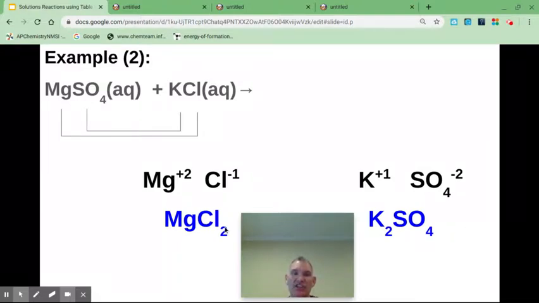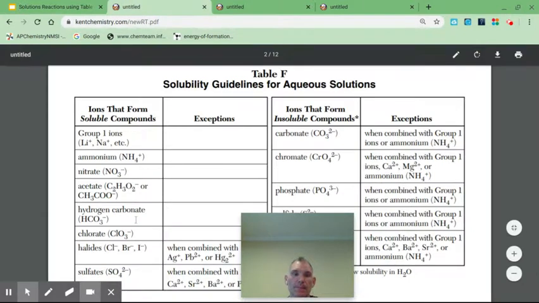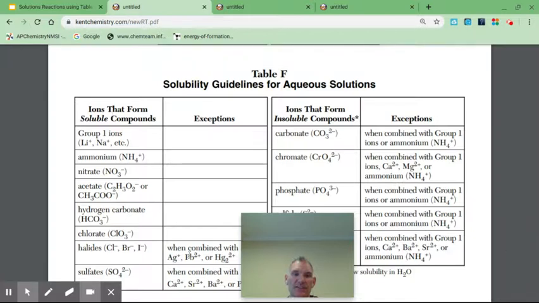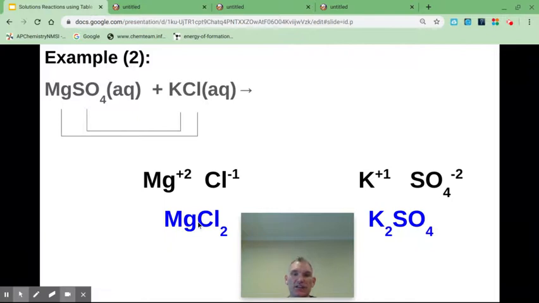Finally, I need to go to table F. I need MgCl2 and K2SO4. MgCl2: chlorine is what's in the compound, and notice chlorine is soluble except with these 3 things. That tells me that Mg is not here, so it's going to be soluble.